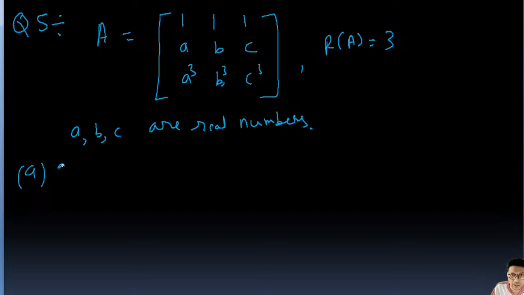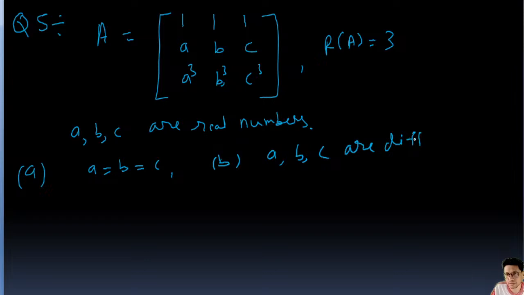Option A is: A equal to B equal to C. Option B is: A, B, C are different, not equal, and A plus B plus C equal to 0.